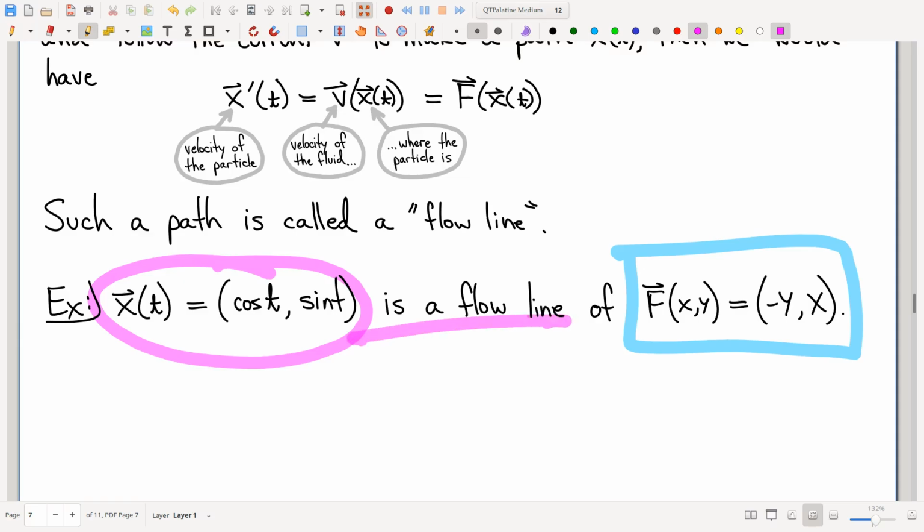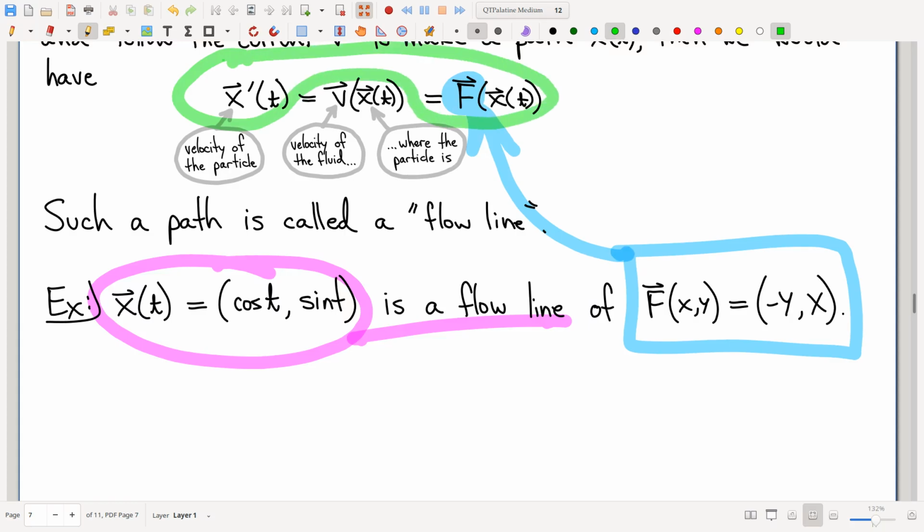Now, how do I confirm that that's true? Well, again, we just have to check that this works in the differential equation. So this vector field allows me to write down exactly what this differential equation is. And if I want to check that something is a solution to a differential equation, I just take the thing and plug it in wherever the x goes. So according to what this says, I'm going to take my proposed flow line, take its derivative to give me the left side of the equation.